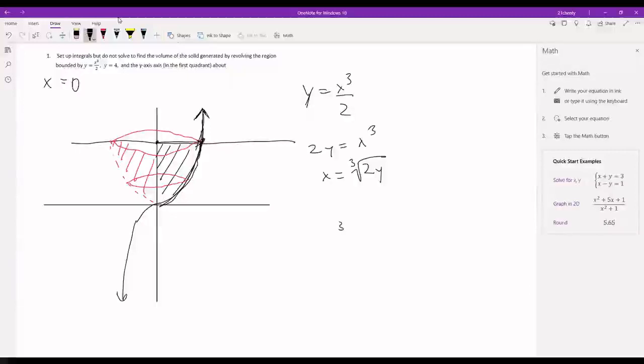So we'll take that. And it's pi r squared. So pi radius squared. And then we take our integral from this bottom part to this top part, which is from 0 to 4, and dy.